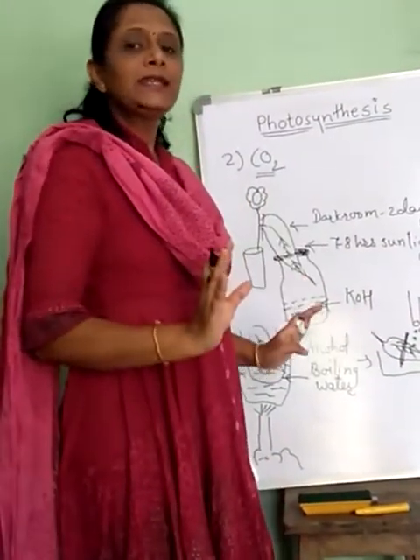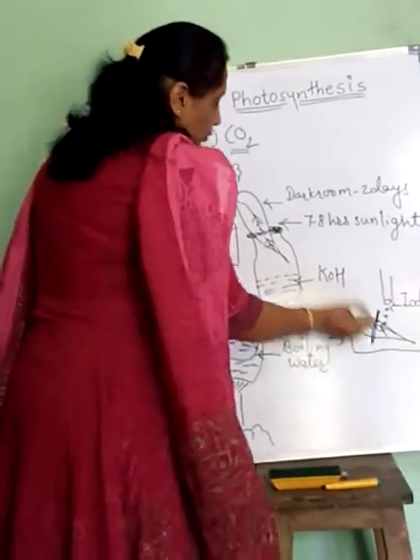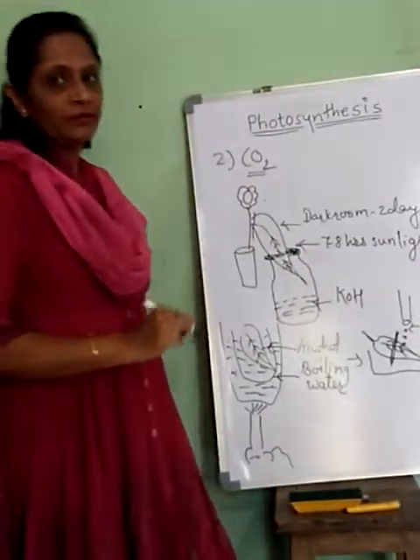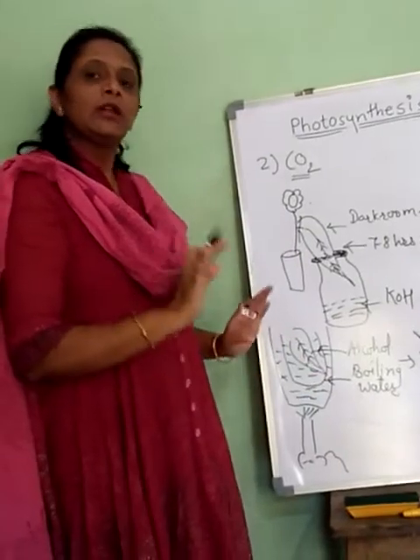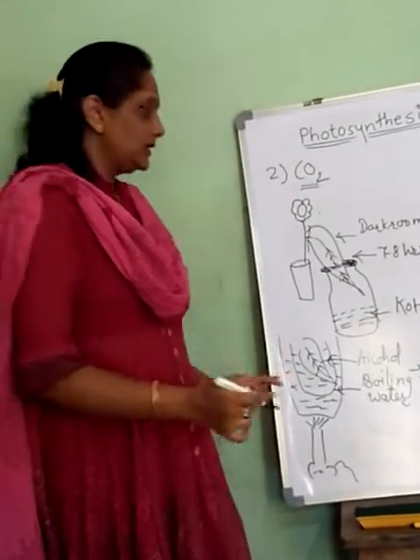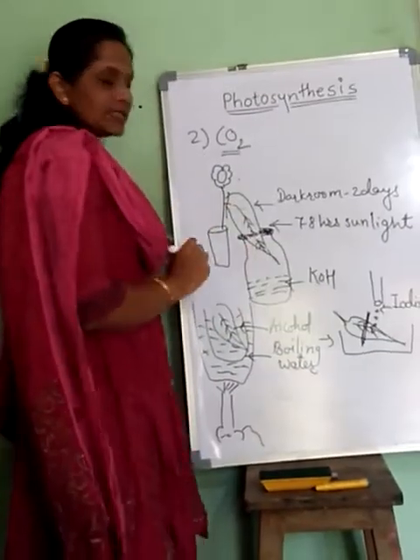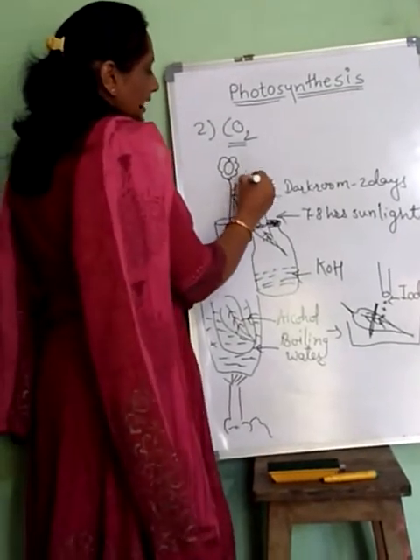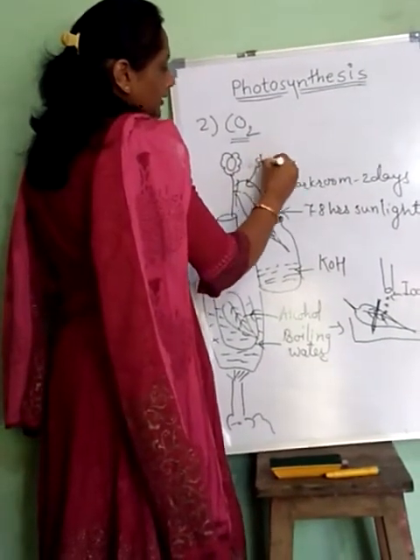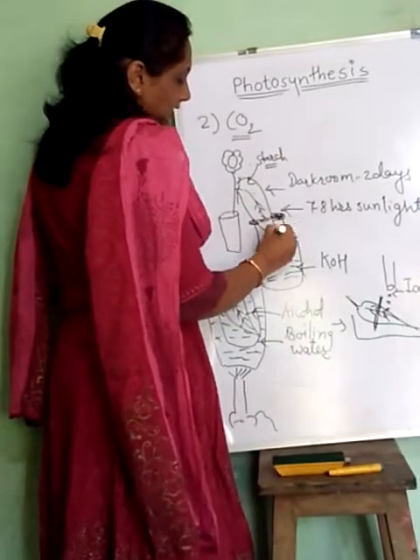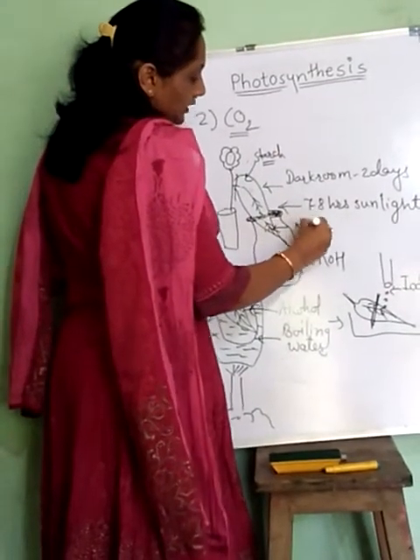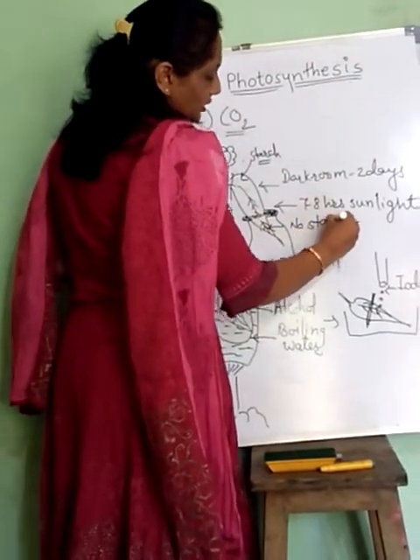It will remain decolorized, and the portion which is outside, exposed to the air, turns bluish black. That means the portion outside the bottle has starch in it, and the portion which was inside the bottle has no starch in it.